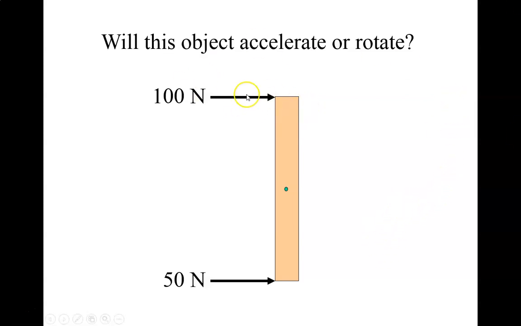Well, for the same reason as before, we've got 100 Newton meters of clockwise. Now I've got 50 Newton meters of counterclockwise. Okay. So these torques don't cancel. I'm going to end up with some extra torque in the clockwise direction because this is a bigger torque. So this object will both accelerate and rotate.